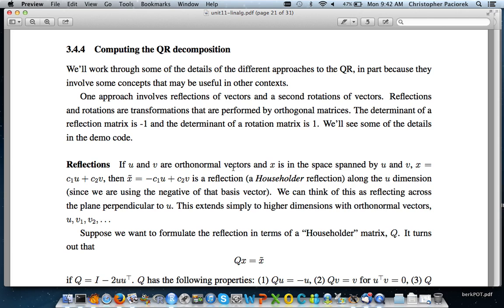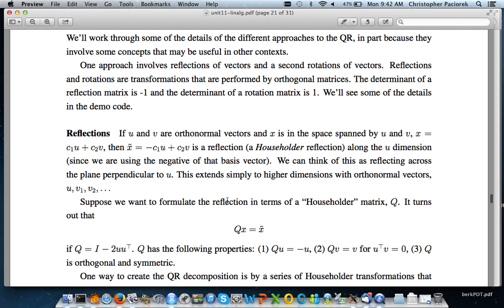So the first approach is something called Householder reflections. And the basic idea is as follows. We'll just do this in 2 dimensions in the simple case to start off with.